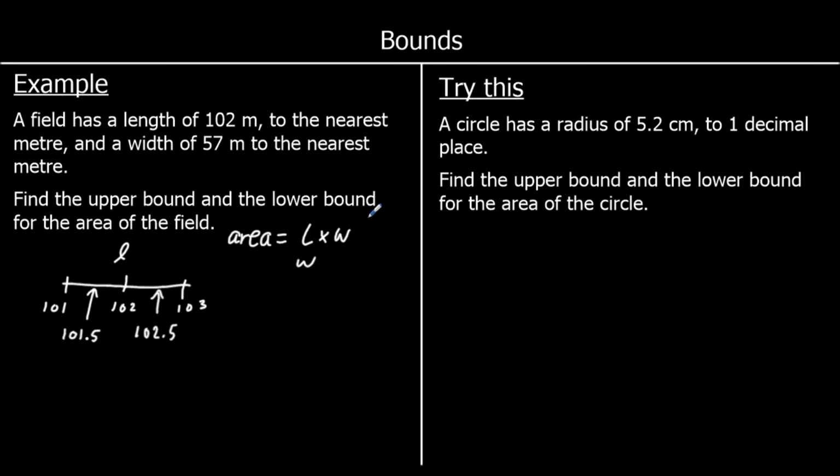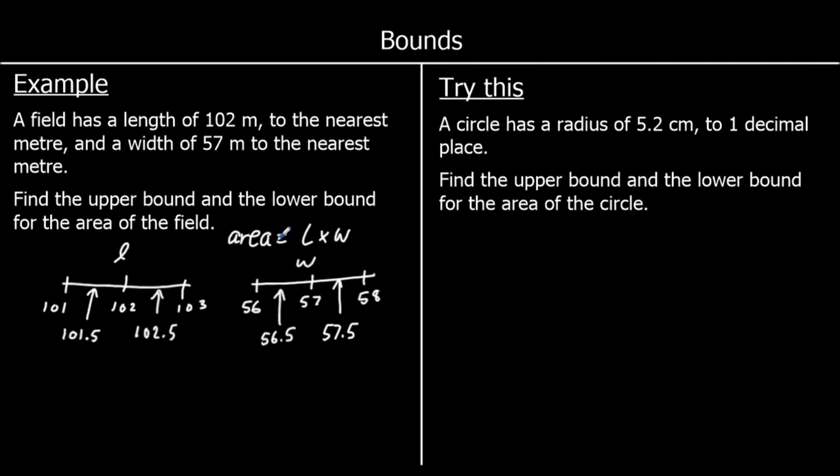For the width, it's 57 meters to the nearest meter. So the one up would be 58, the one down would be 56. So the lower bound is halfway between 56 and 57, so 56.5. And the upper bound, halfway between 57 and 58, so 57.5.